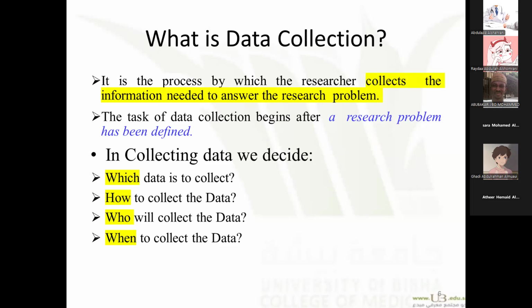Before we collect data, we must identify a research problem and develop a research hypothesis. Now we go to the field using a defined methodology to collect the data. When we collect the data, we now analyze it. So data collection means you are collecting information needed to answer a particular research problem.